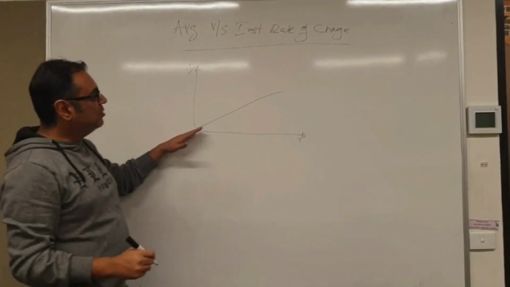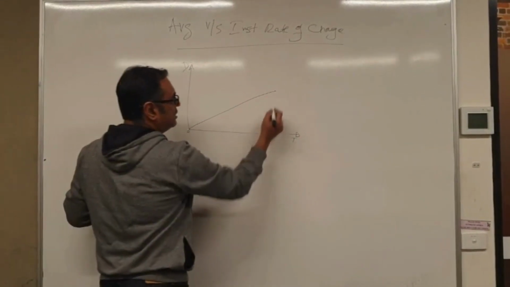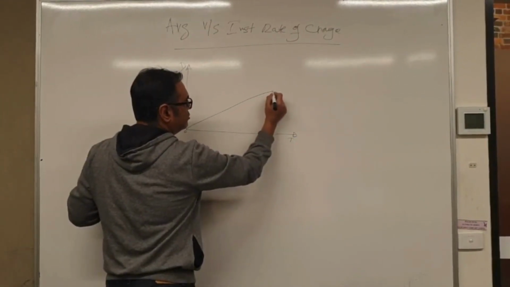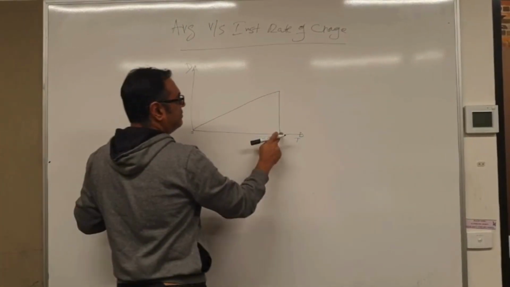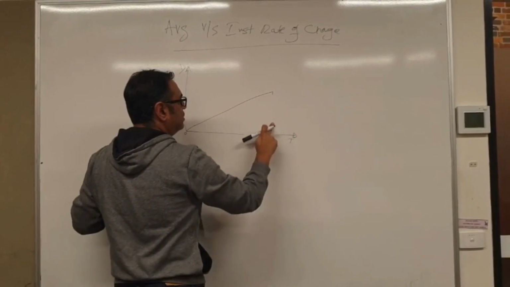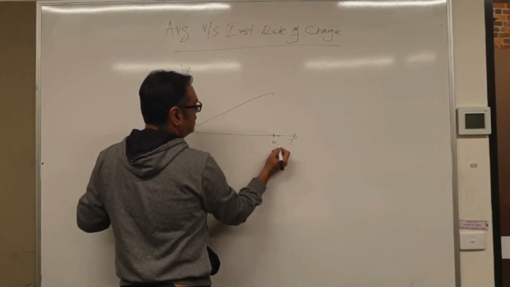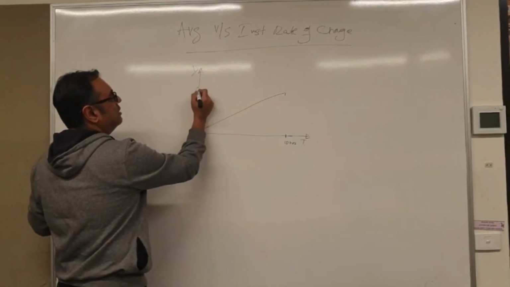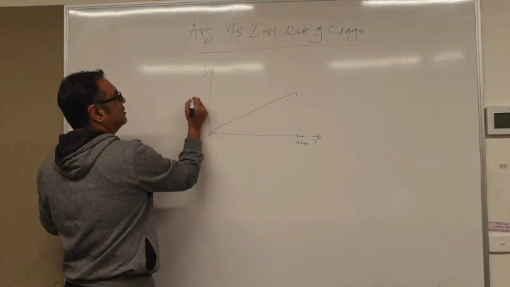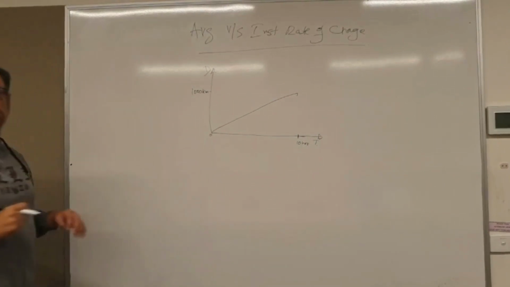Let's say you're driving at a constant speed, and then you reach your destination, and eventually you stopped here, right? So this time is, let's say, 10 hours, and the distance covered is, let's say, 1,000 kilometers, right?